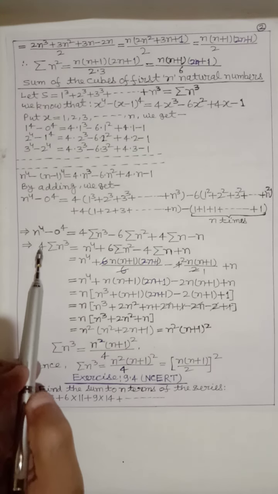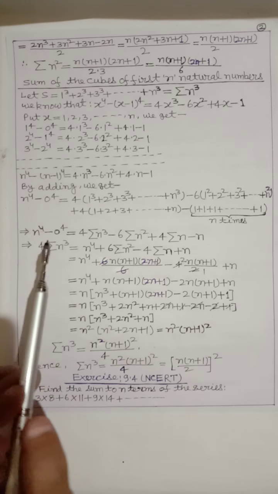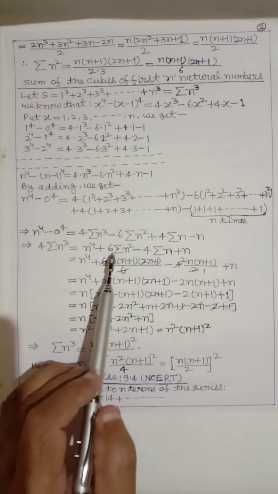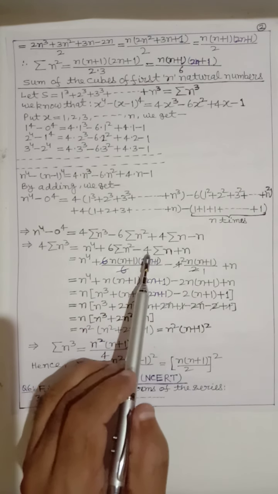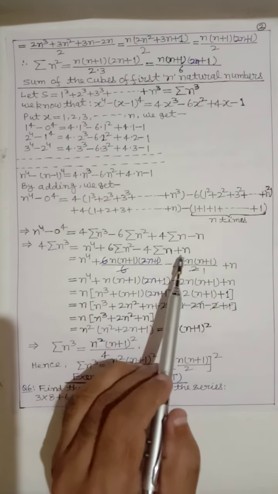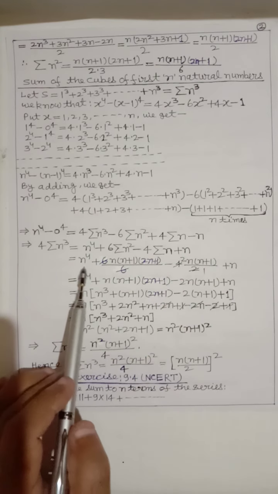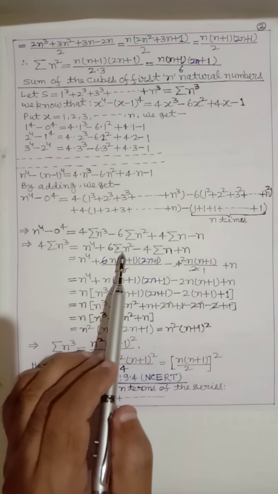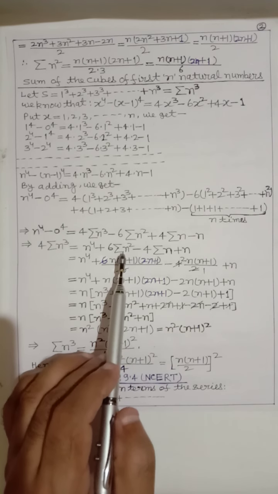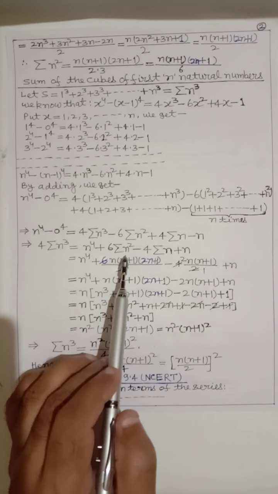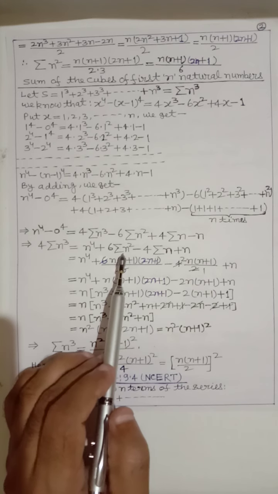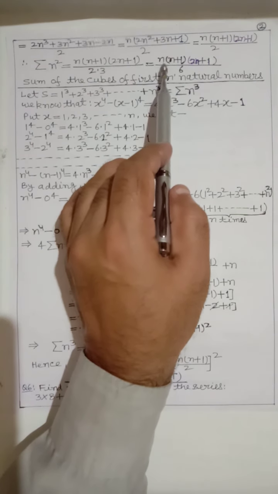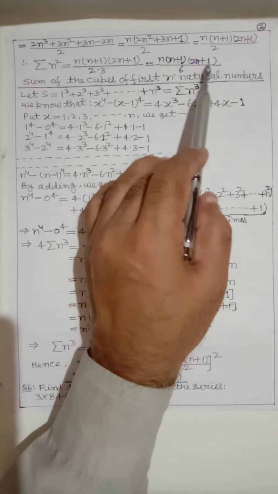We get 4 summation n cube is equal to n to the power 4 plus 6 summation n square minus 4 summation n plus n. N to the power 4 plus, already we know, here this is the sum of squares of the first n natural numbers, and here we get this is n into n plus 1 into 2n plus 1 by 6.